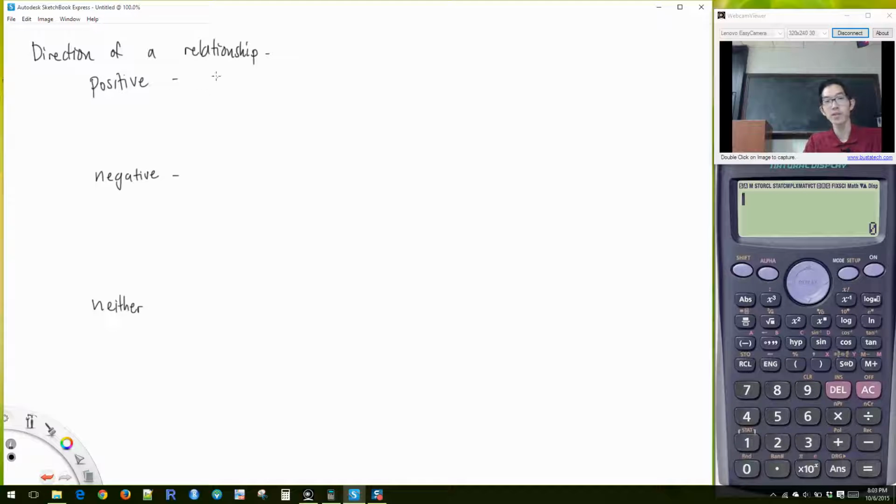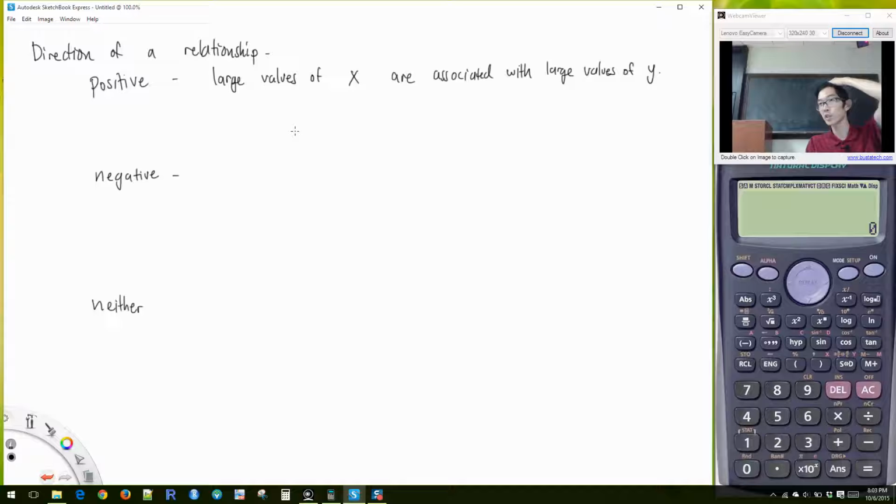Okay, so a positive relationship means large values of x, so if I label one variable x and the other variable y, large values of x are associated with large values of y. The example with the snakes would fit this category of a positive relationship, right?